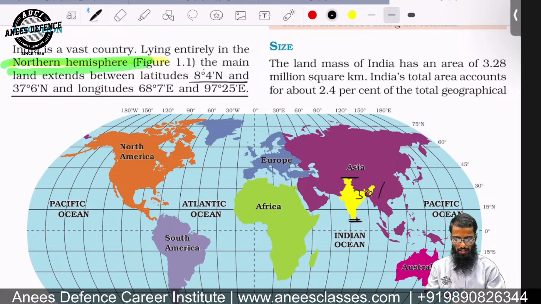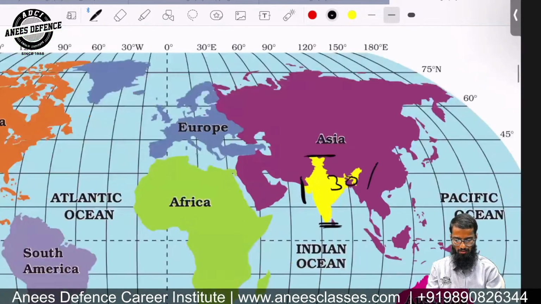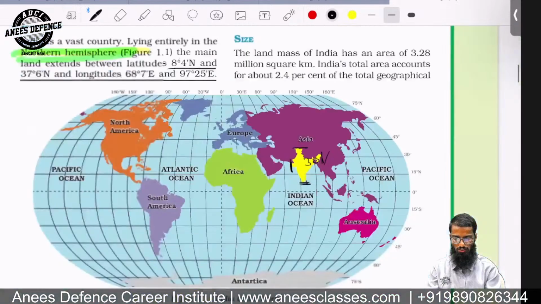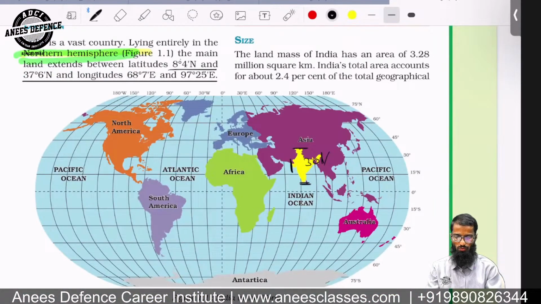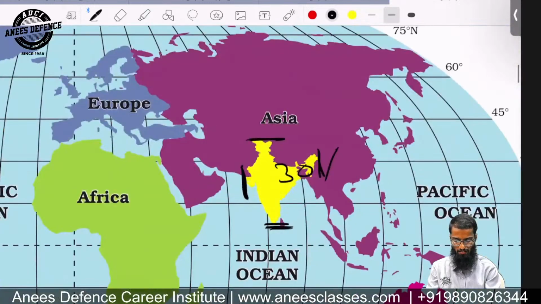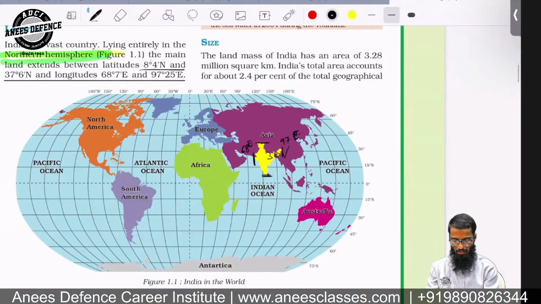And in terms of latitude, that is this to this. So this extent is also important. Most of the times they ask questions. 68 degree to 97 degree. So here you will have 68 and you will have 97 degree east, sorry, this will be the east. So this is the hemisphere we will take.